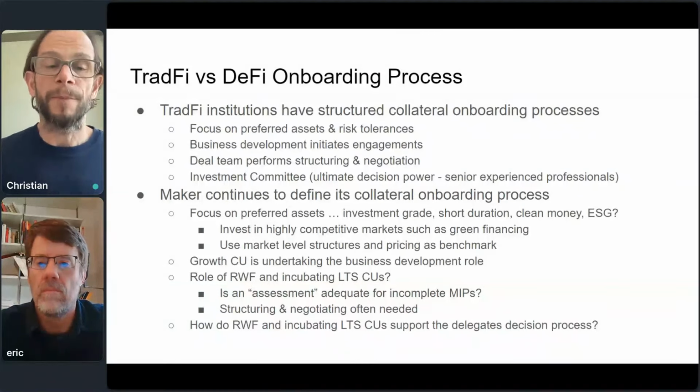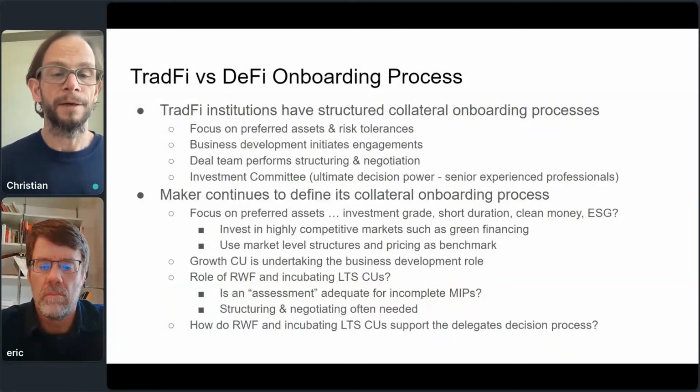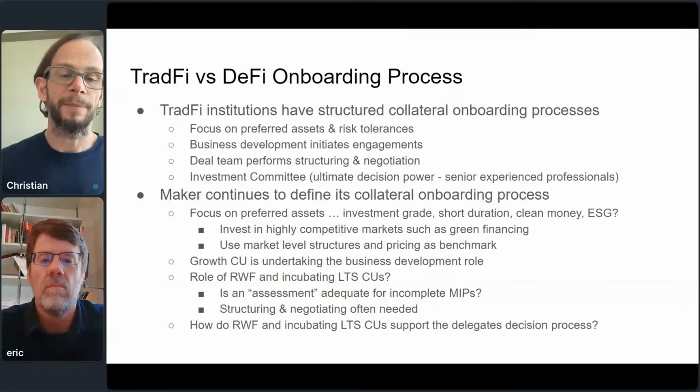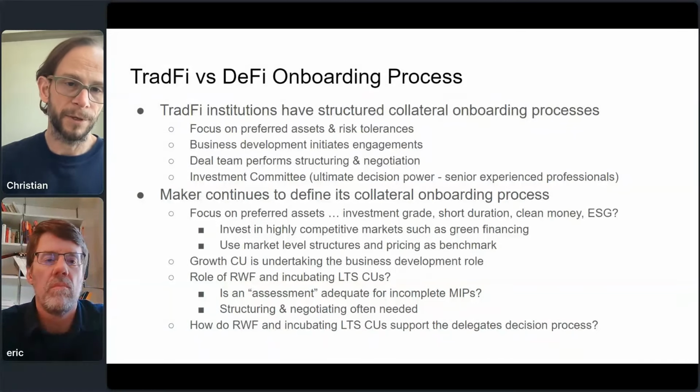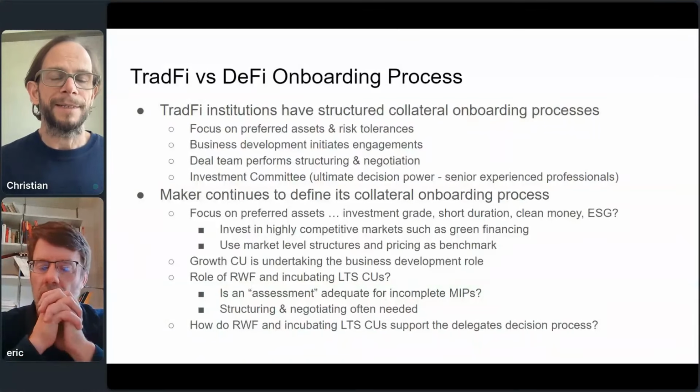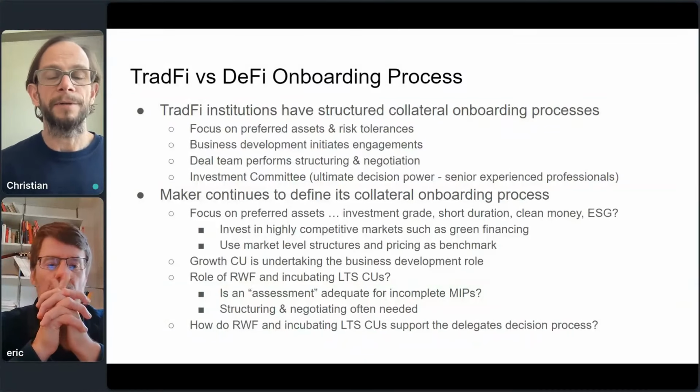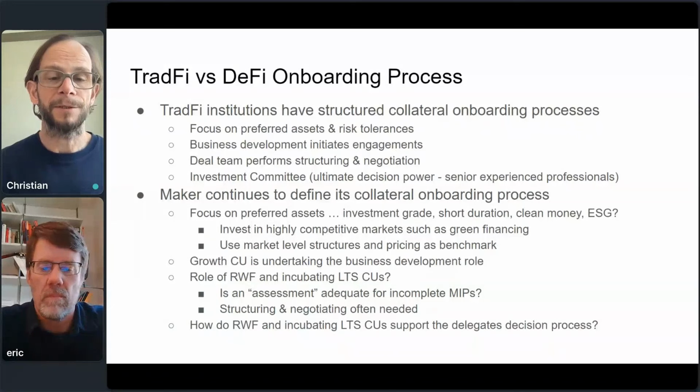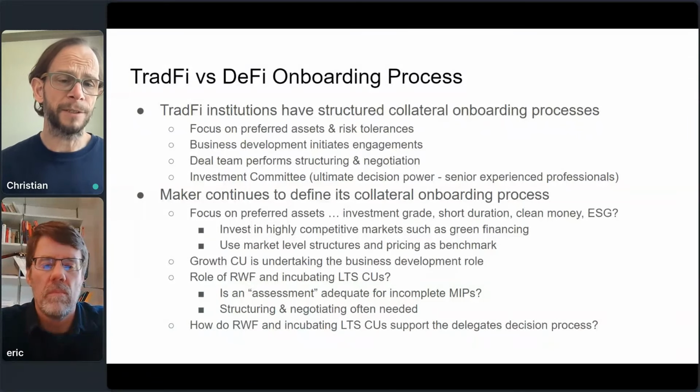I think there's still an open issue as to the role of Real World Finance in the incubating Legal and Transaction Services core unit. Is the assessment role adequate for incomplete MIPs? Often structuring and negotiation is needed.